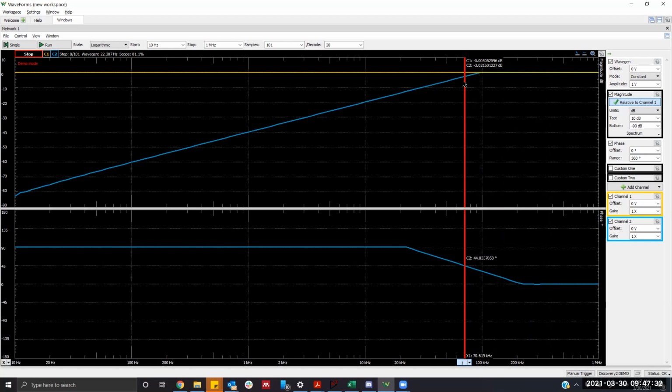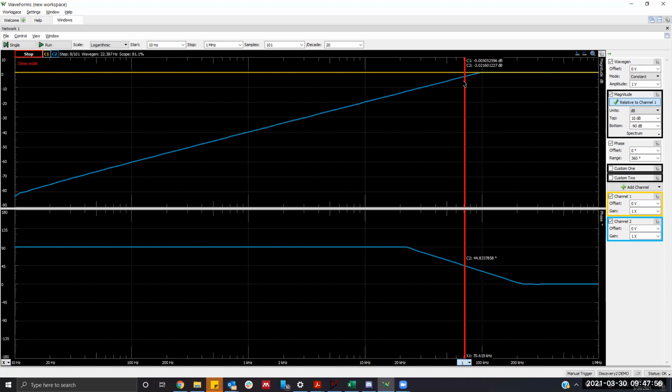So this would be the 3 dB frequency, or the cutoff frequency. And you can read the frequency at the bottom of that red line. It says X1 equals 70.61 kilohertz, right? So that's how you would read the 3 dB frequency from this graph.